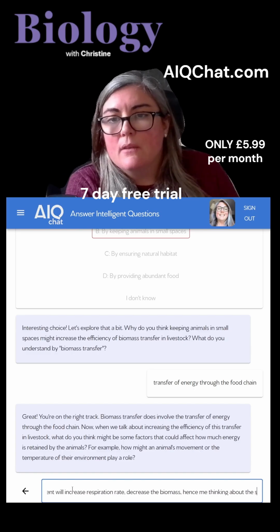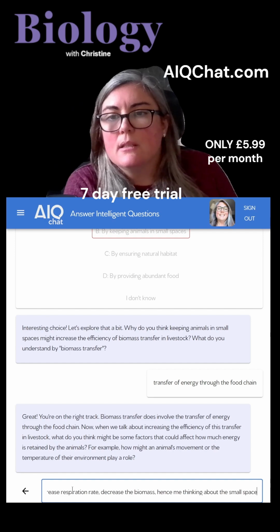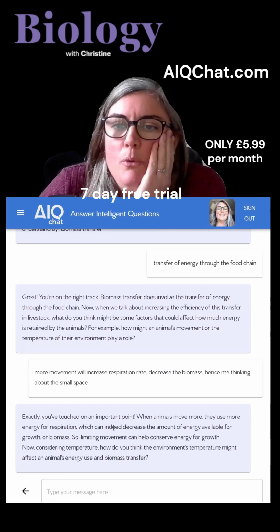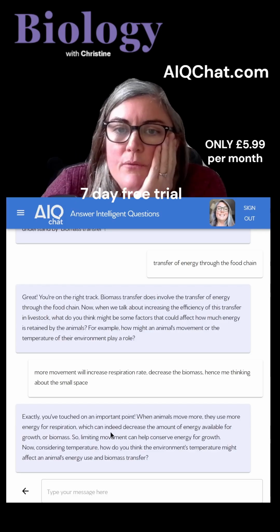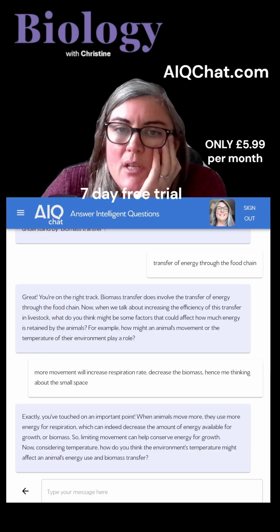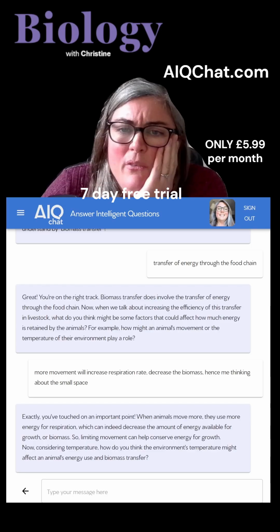Oh, crumbs, I can't even spell there, small space. Okay, let's have a look. Exactly, you've touched an important point. When animals move more, they use more energy for respiration, which can indeed decrease the amount of energy available for growth or biomass. So limiting movement can help conserve energy for growth. Now, considering temperature, how do you think the environment's temperature might affect?